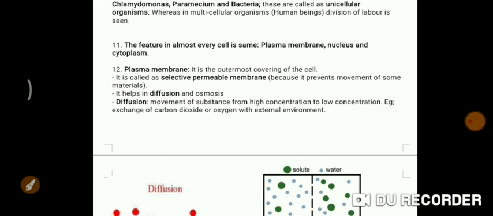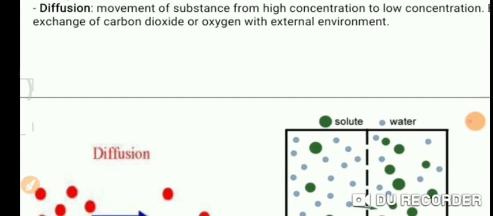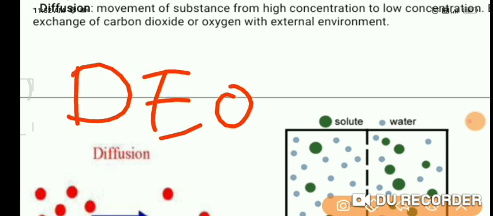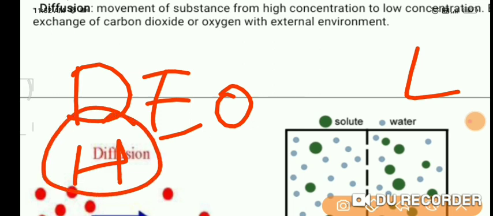So diffusion is basically the movement of molecules from higher to lower concentration. Suppose that here is a deo, okay, and here is its higher concentration, here is its lower concentration. Suppose a boy has applied deo on his clothes, then here is higher concentration on his clothes and here is lower concentration in the surrounding area.